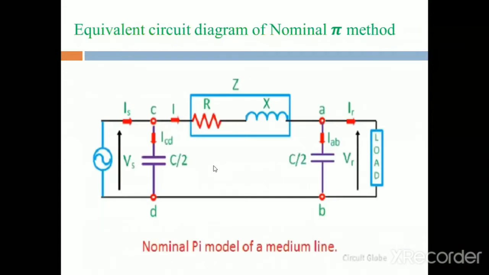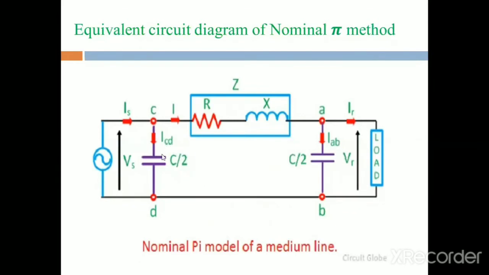This is the equivalent circuit diagram and parameters for the nominal pi method. Vs is the sending end voltage, IS is the sending end current, and ICD is equal to ICS, that is the current flowing through the sending end capacitance.